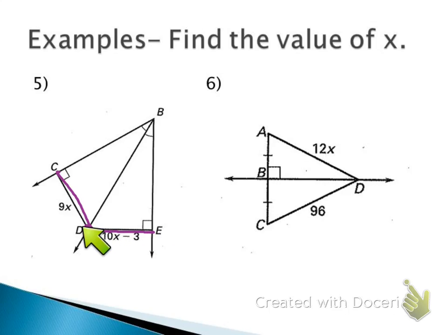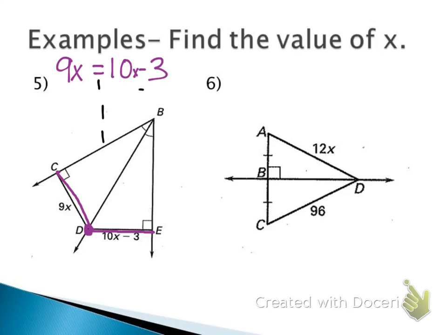They are congruent. Congruent means the same thing as equal. So these are going to be equal to one another. So I'm going to set up an equation. Oops, I forgot my x. I'm going to solve for the x. Does anyone know how I solve that equation for x?